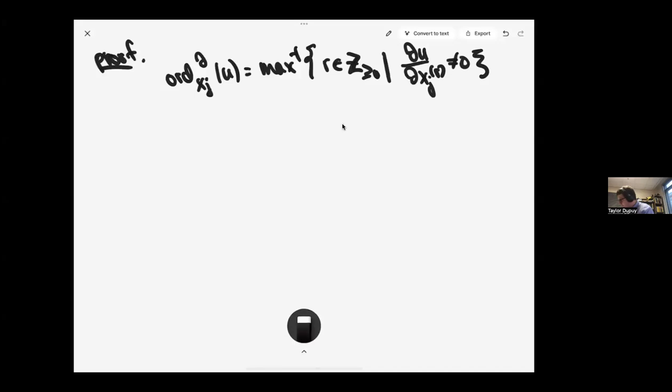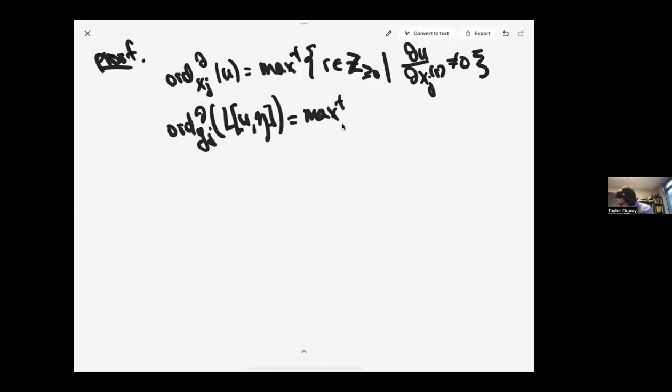And if you just look at the order of the linearization with respect to the variable that we're linearizing at, L U of eta, like this. So this thing here is max plus of, okay, so we look at the set of r in Z greater than or equal to zero, such that we do the same thing.